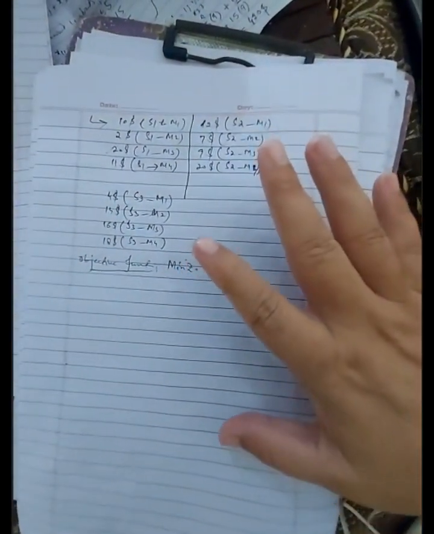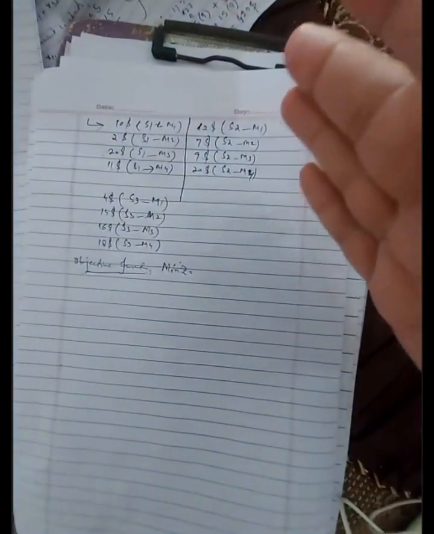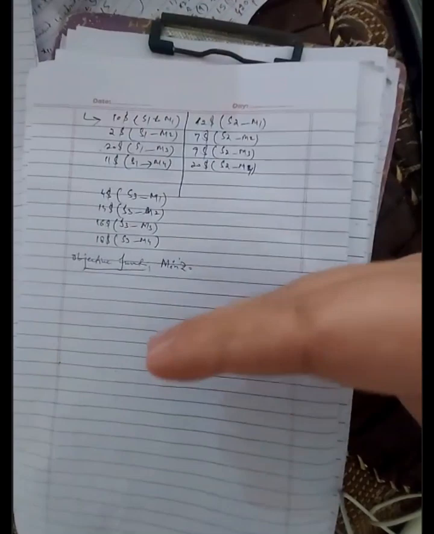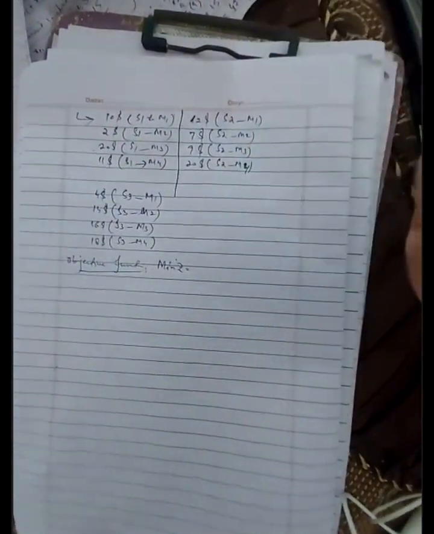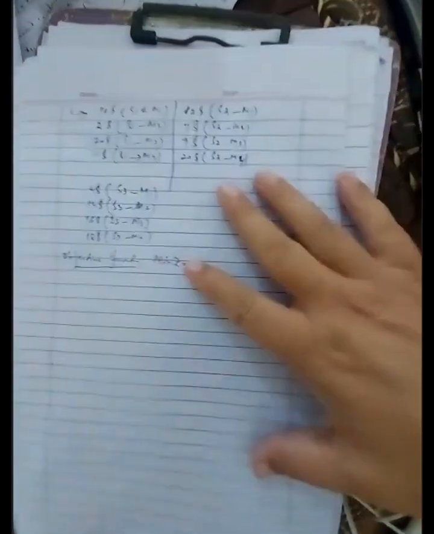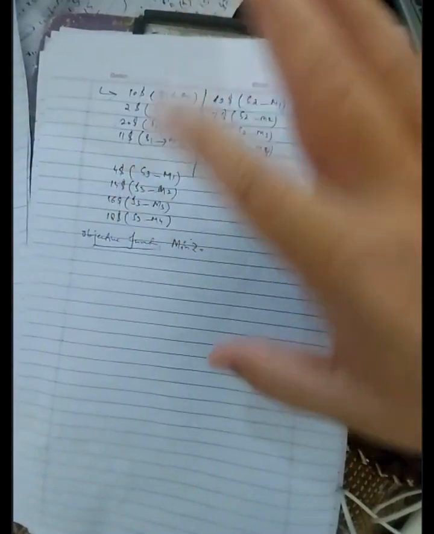And then you will have to make the objective function and constraints. That is all you have to do. You don't have to solve it, or he will give you all these things and ask you to solve it using some method. So either solve it or just model it.